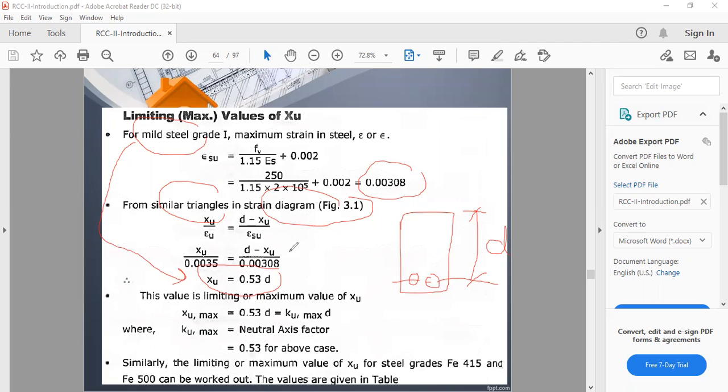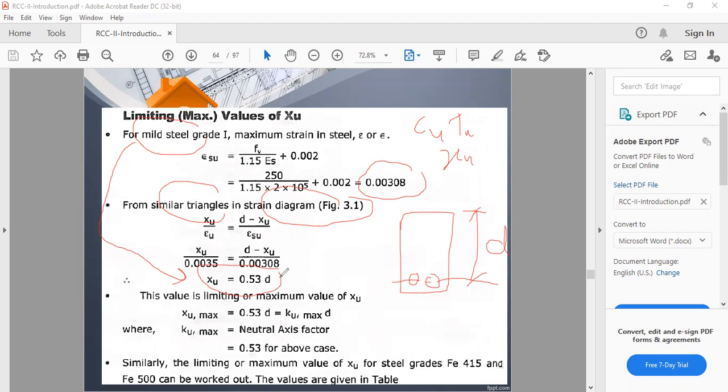So again, as you have seen, you should know the value of Cu, you should know the value of Tu, and what is Xu. If you are going to use this 250 grade of steel, the value of Xu is 0.53 times d.